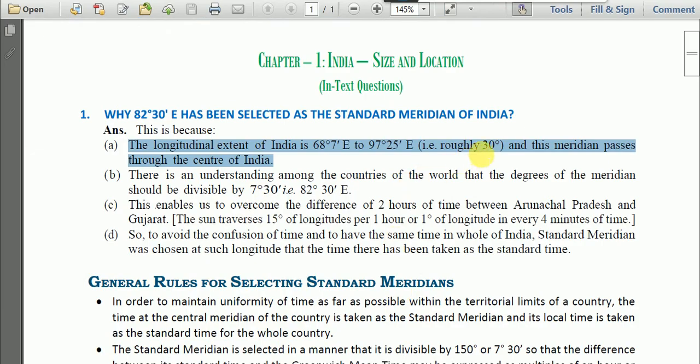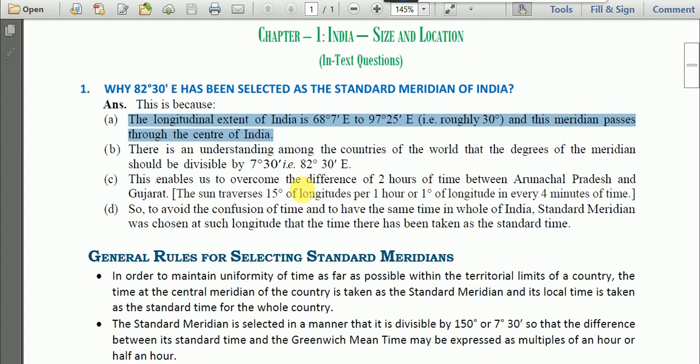That means the east-west extent of India is big, and that is why the standard meridian passing through the middle of the country, 82 degree 30-minute east, has been selected as the standard meridian of India. So this is one of the reasons.